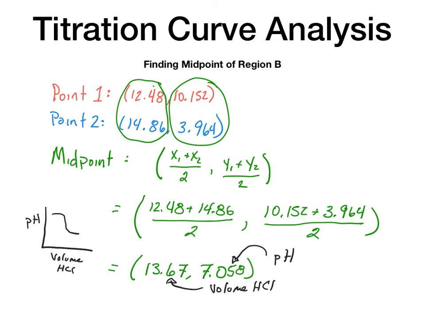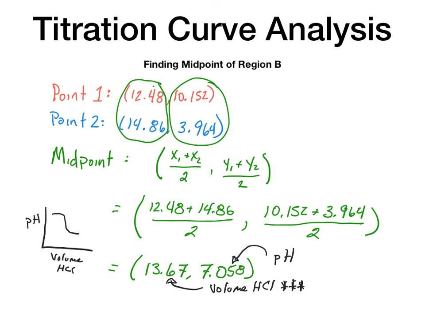So, what can we do with this information? This volume of HCl required to reach the equivalence point is very key, because from volume and concentration, we can find moles.